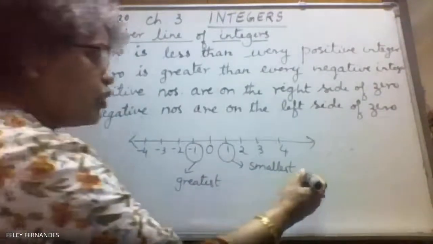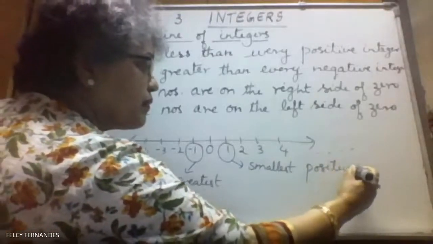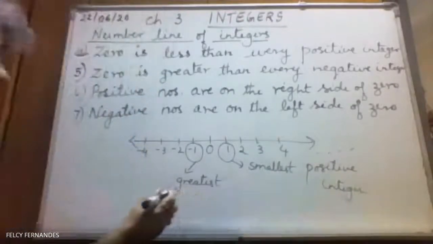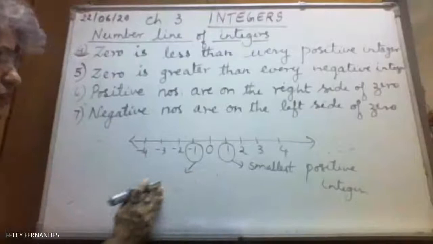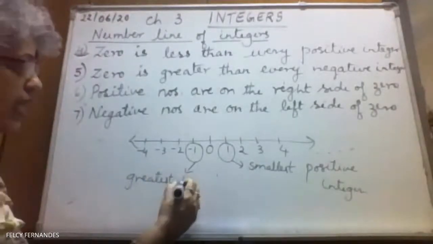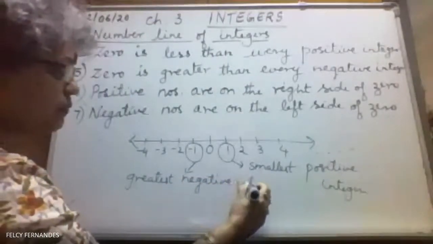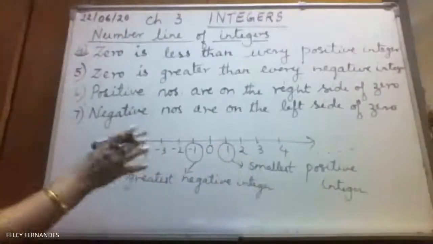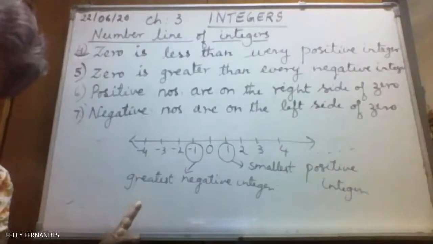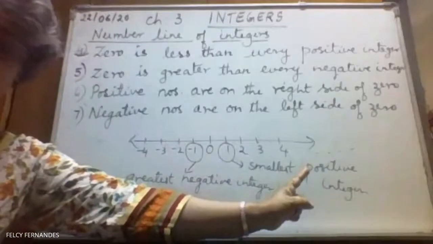Here you should write smallest positive integer and here you should write greatest negative integer. Now can you draw this after the 7th point? Please take out your scale and pencil and draw this number line.